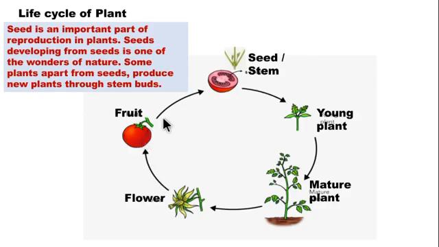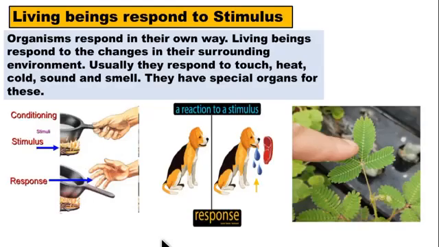Again in fruit we will get seeds, again we can plant the seed, again we will get a young plant, again mature plant, flower, fruit. This is the life cycle of plant, children, isn't it? Seed or stem becomes young plant, mature plant, it produces flower, and flower becomes a fruit, again we can get the seeds. Okay, so this is the life cycle of plant.